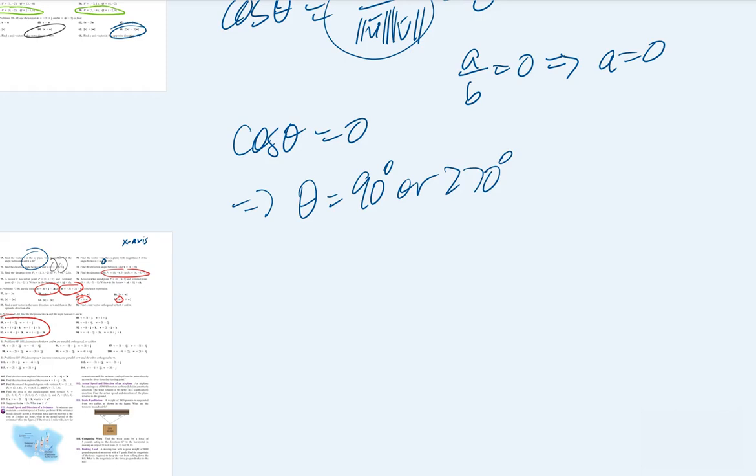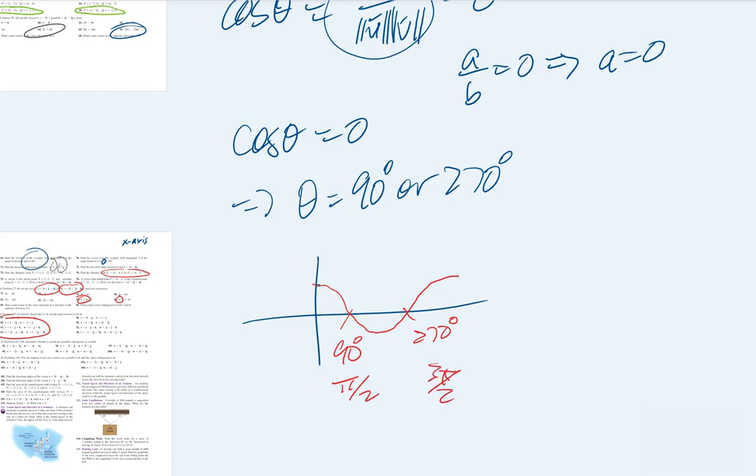Remember what cosine looks like. There's cosine. This is 90 here, and this is 270 here, or if you want, pi over 2 and 3 pi over 2. So it's 0 either way. If two vectors are 90 degrees apart, or 270 degrees apart, they're perpendicular either way.